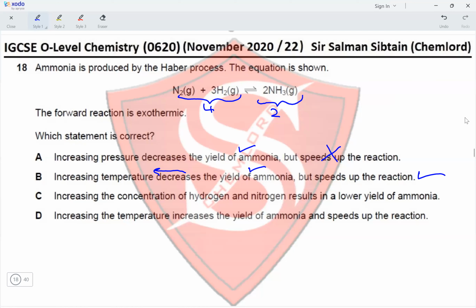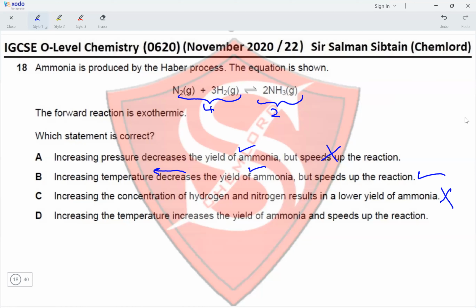This is correct. Next, increasing the concentration of hydrogen and nitrogen results in a lower yield of ammonia. If the concentration of the reactants are increased, the forward reaction would be favored, increasing the yield of ammonia. So this statement is incorrect. Increasing the temperature increases the yield of ammonia and speeds up the reaction.